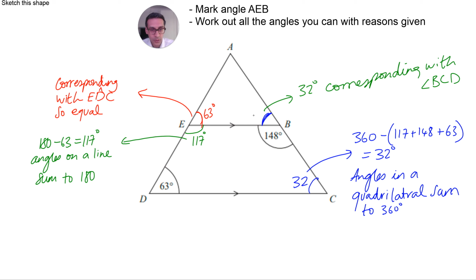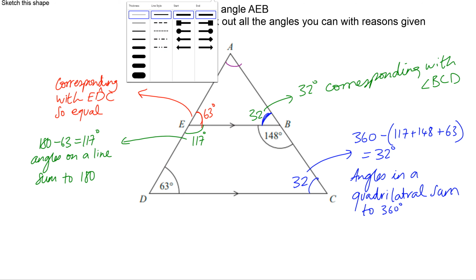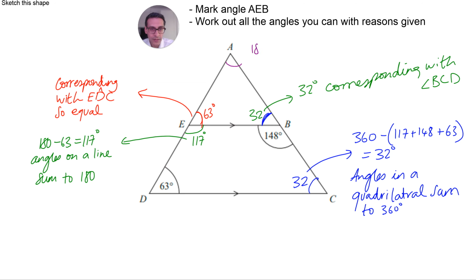And then from there, we can label that, and then we can work out this top angle here. And this is based on the idea that this is just a triangle, and we know that's going to sum to 180. So let's work this out. So it's going to be 180 minus brackets 63 plus 32. That's 85 degrees.